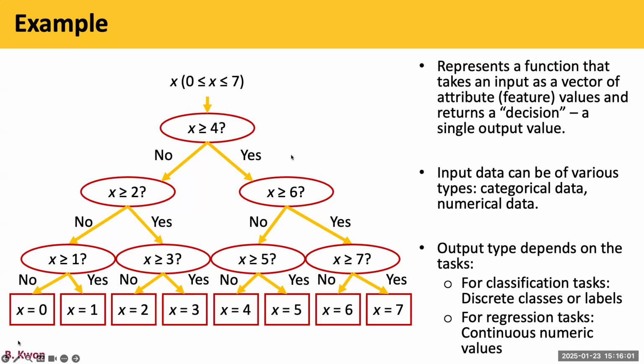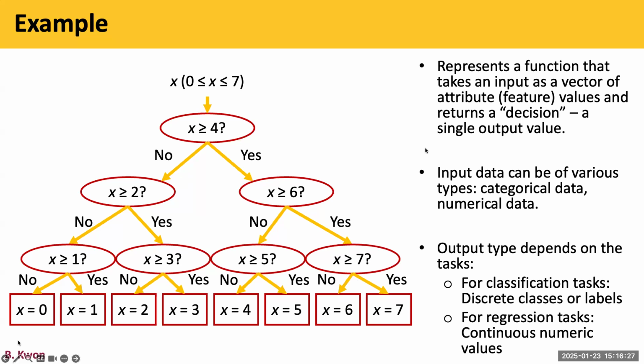At the next level, the player may ask, is the number greater than 2 or 6? After that, the player may ask the following questions so that they can identify the answer, something like this, right? This simply captures the basic idea of a decision tree.